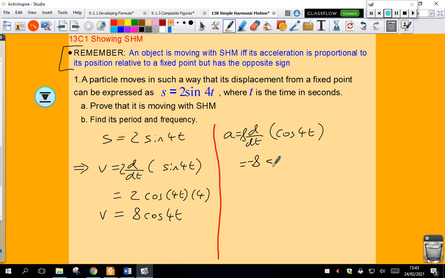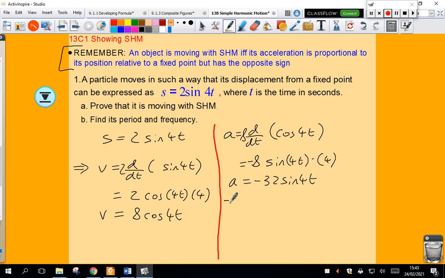So it's negative 8 times sine of the argument, 4t, multiplied by the derivative of the argument, which is just 4. 4 8's are 32, so that's negative 32 sine of 4t. So that's the acceleration.